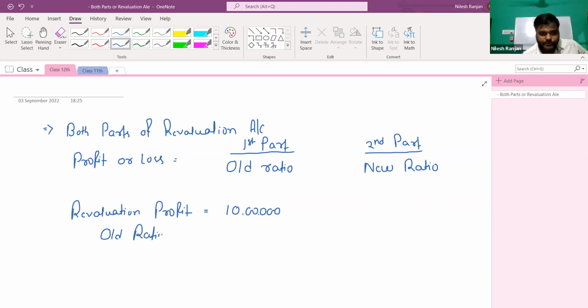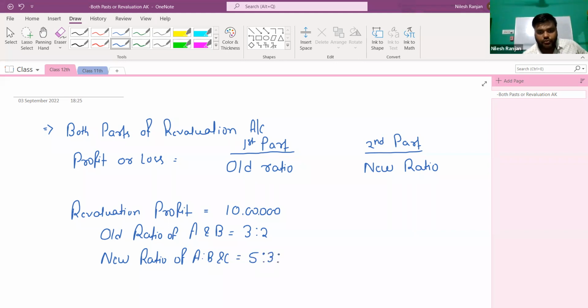Old ratio of A and B is 3:2, and new ratio of A, B, and C is 5:3:2. Is that clear? Yes, sir.